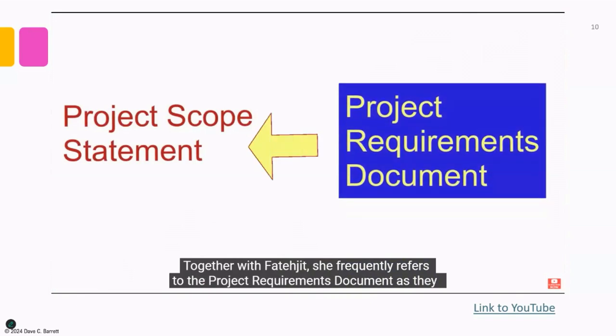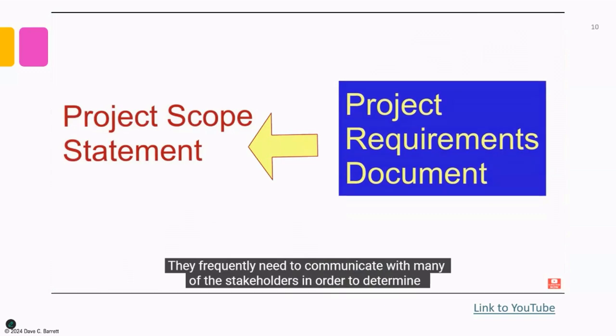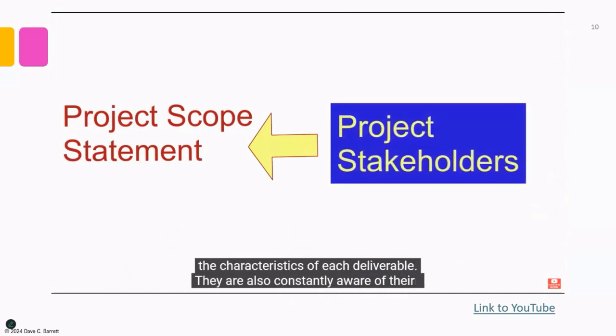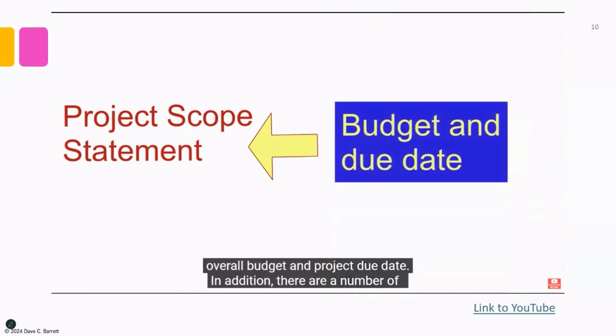Together with Fattyjet, she frequently refers to the project requirements document as they begin to define the various deliverables that will be created during the project. They frequently need to communicate with many of the stakeholders in order to determine the characteristics of each deliverable. They are also constantly aware of their overall budget and project due date.